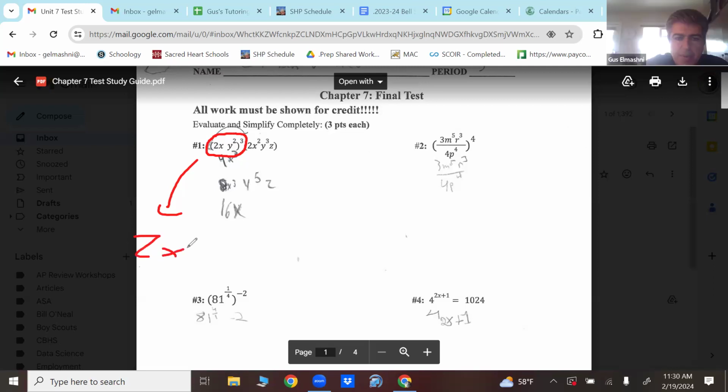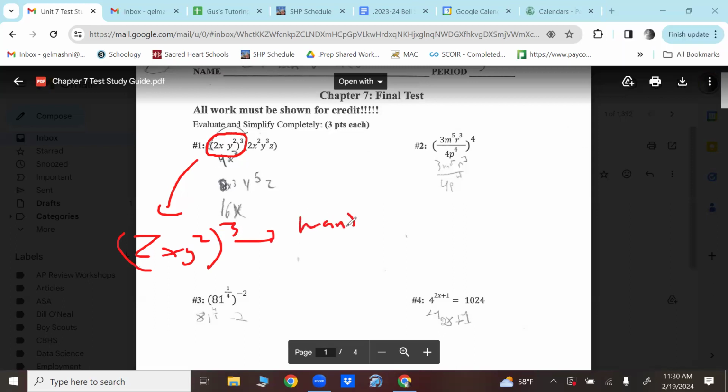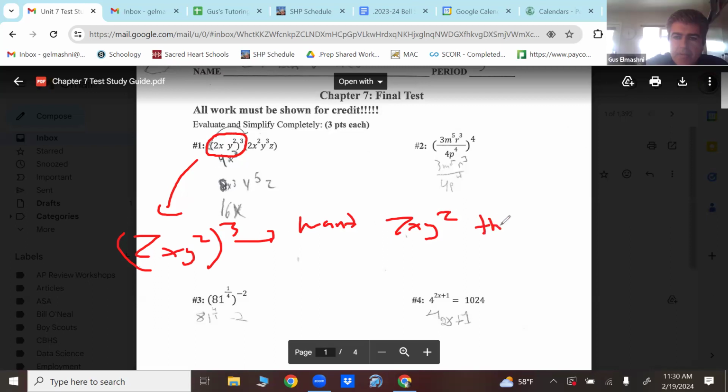So it's kind of like a separate problem here. You have this, right? Now, what does that really mean? This means you want it three times. You want 2xy squared three times. So 2xy squared times 2xy squared times 2xy squared.